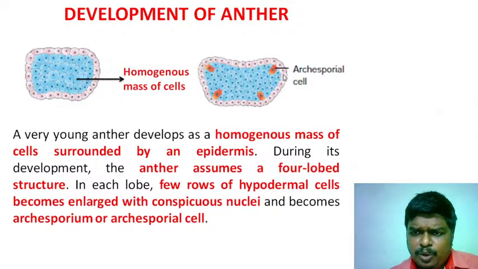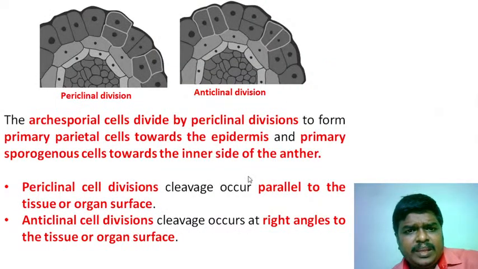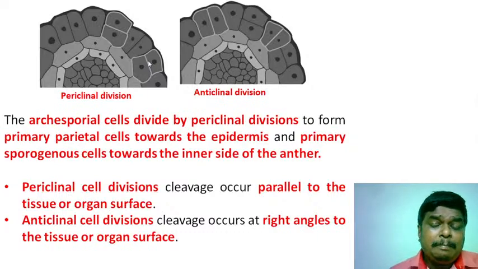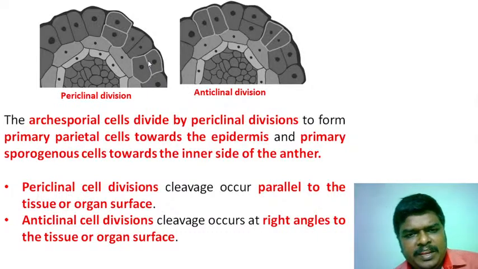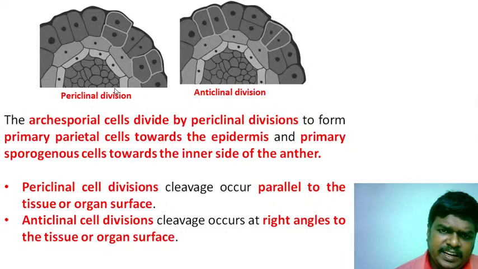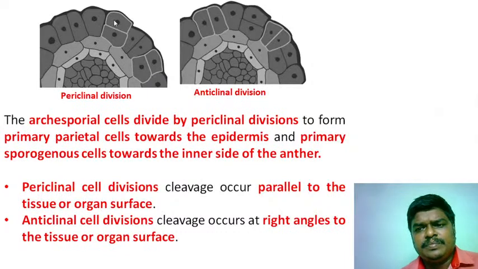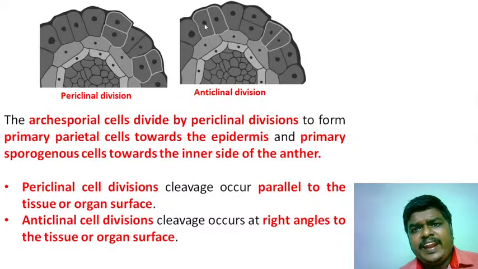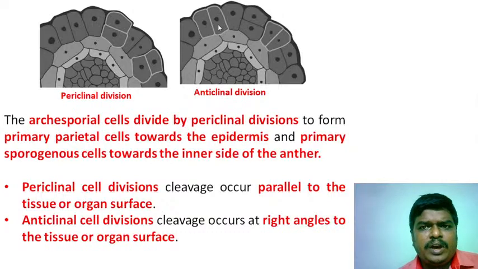The archisporial cells that are formed here divide periclinally like this, to form primary parietal cells. And there are two types of divisions that can take place. One is called periclinal division. Here, this division is parallel to the tissue or organ surface, like this, parallelly. The other one is at a right angle to that, right angle to the tissue or organ surface.